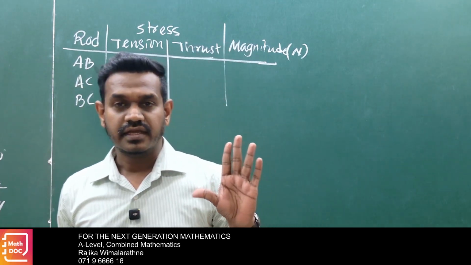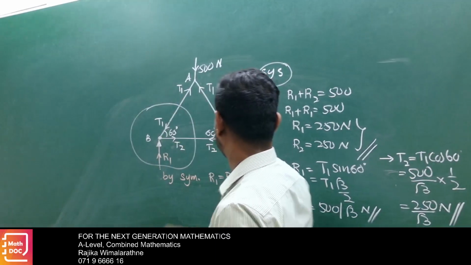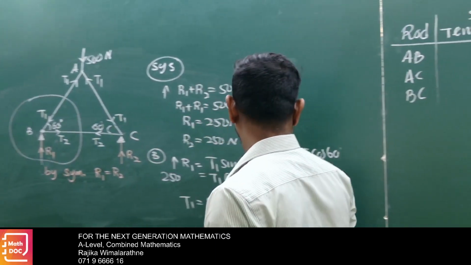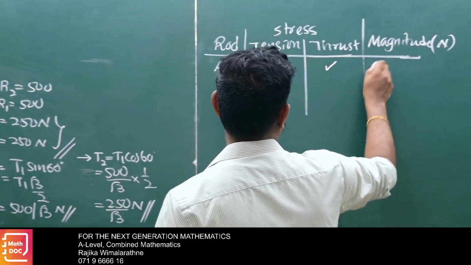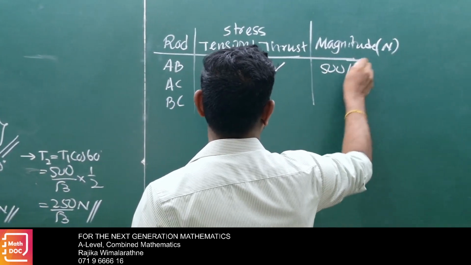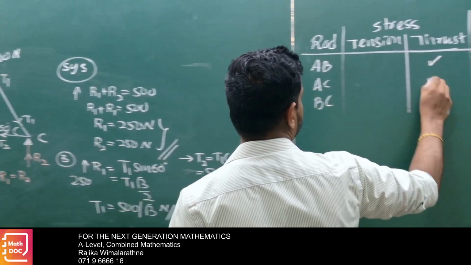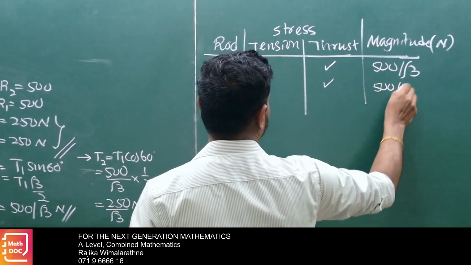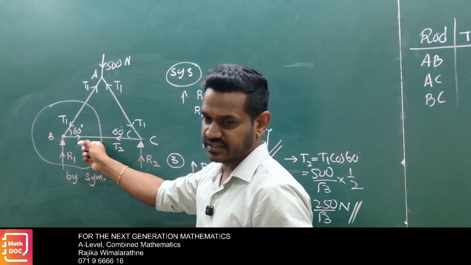Then here AB rod thrust T1, 500 over root 3. Thrust 500 over root 3. AC rod again thrust 500 over root 3, and BC rod, it is tension, no? This is tension.